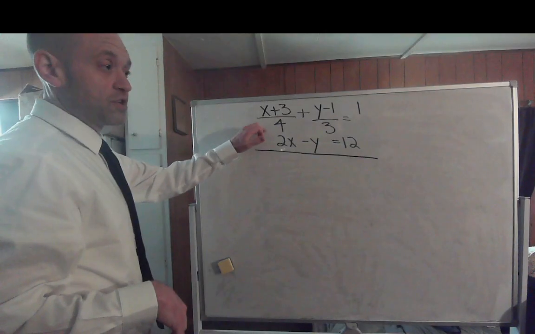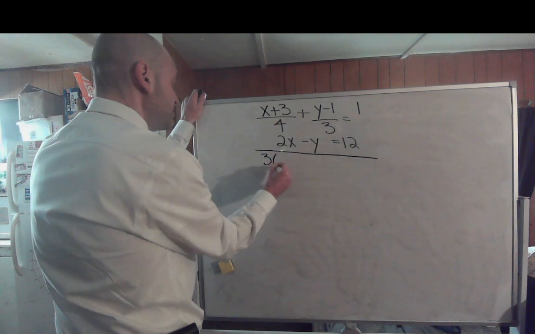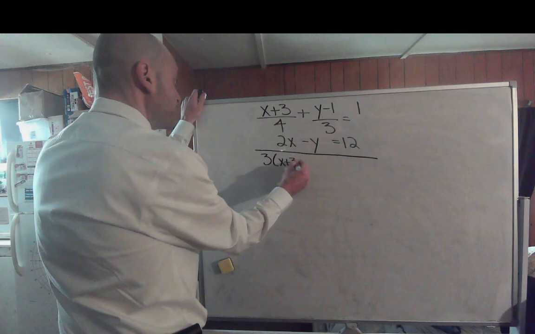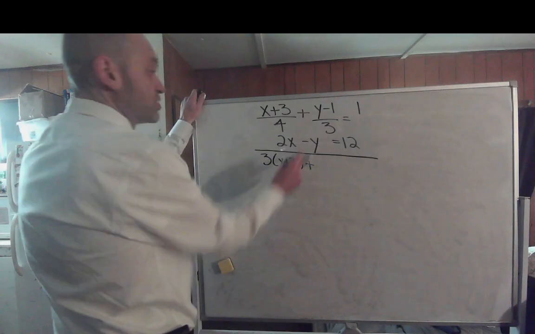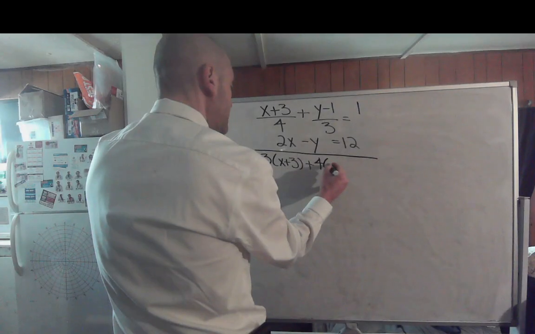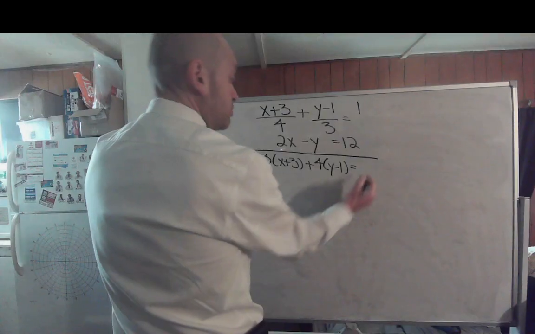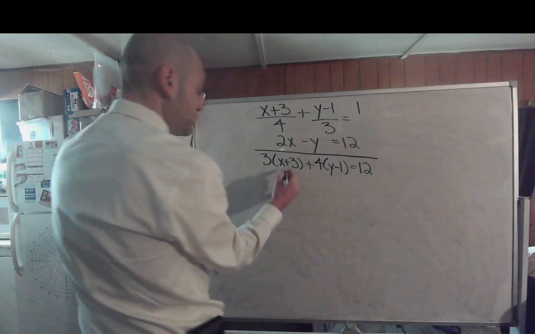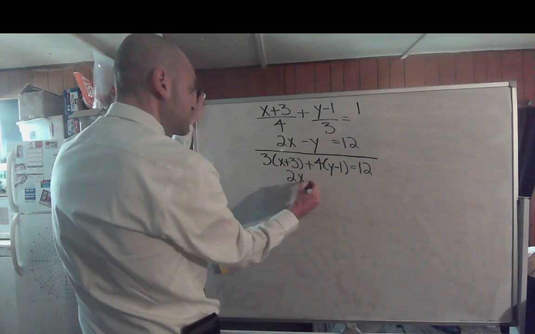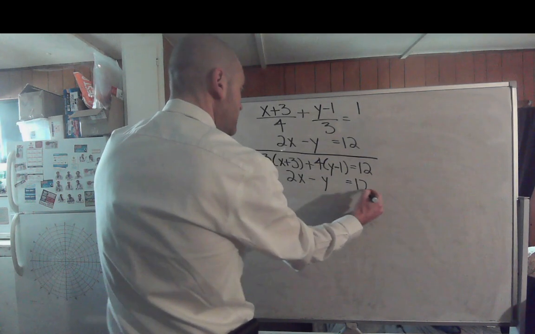Multiply the first term by 12, the 4 cancels, you'll end up with 3 times (x plus 3), plus multiply your second term by 12, you would end up with plus 4 times (y minus 1) would equal 12. And then you would still have your 2x minus y equals 12.